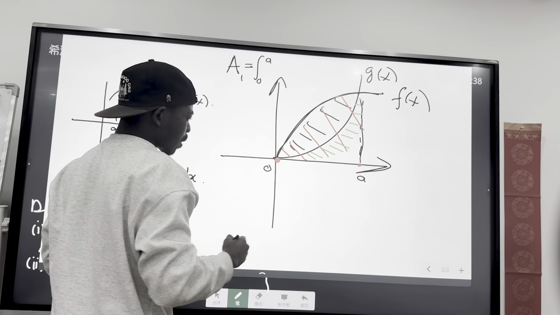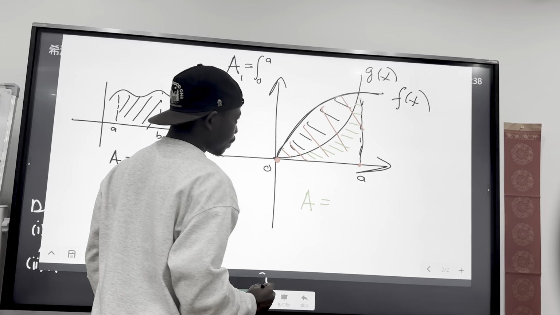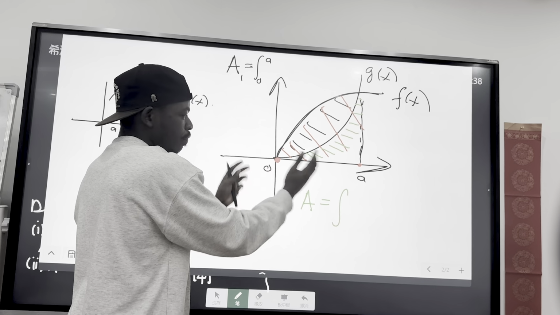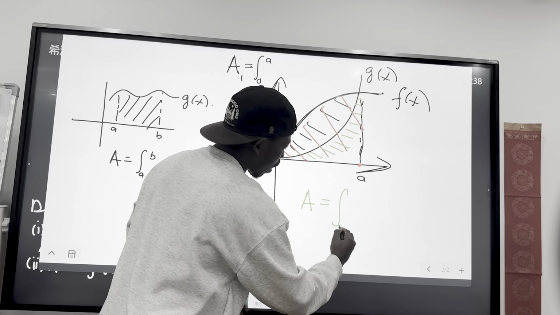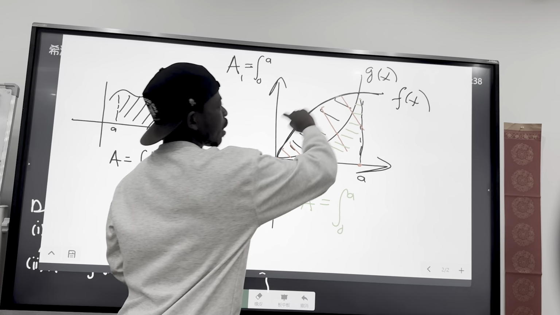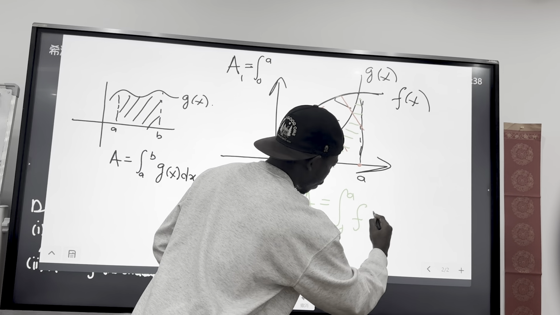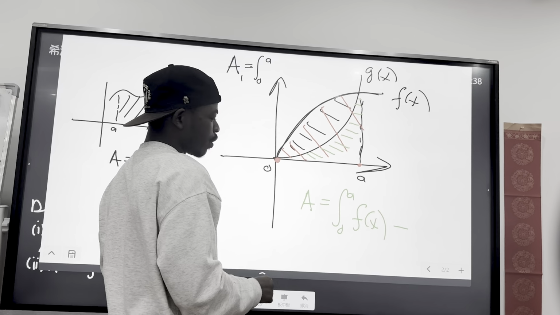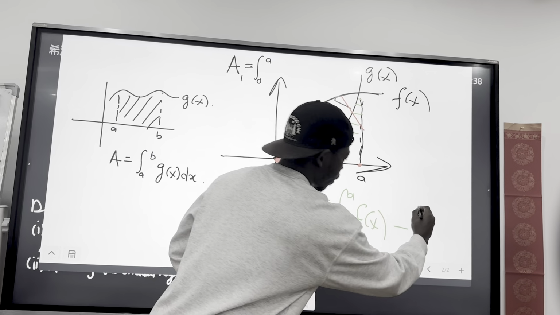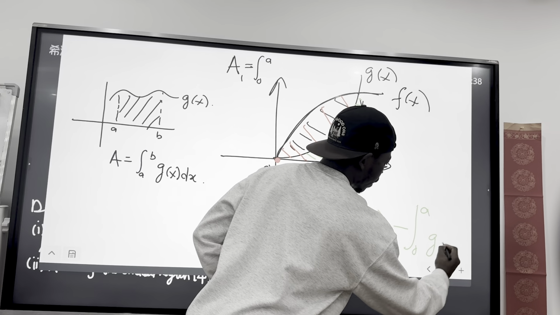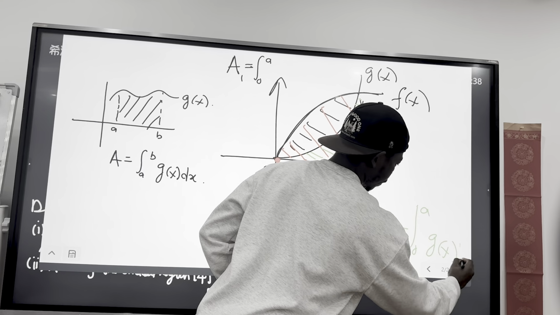So you can actually also just find this, because they are all going from the same limits, from 0 to a. So I can just integrate from 0 to a f of x. This will give me the total area, minus the integral from 0 to a of g of x, of course, dx.